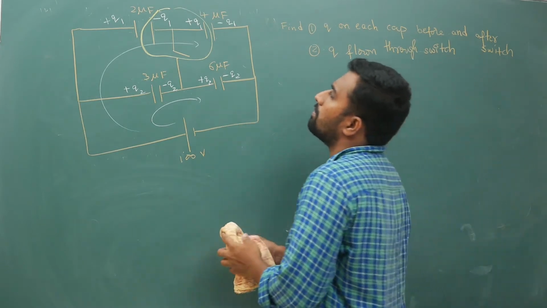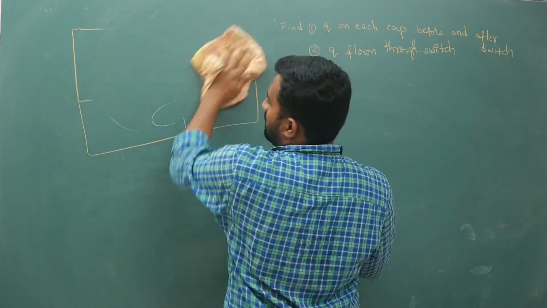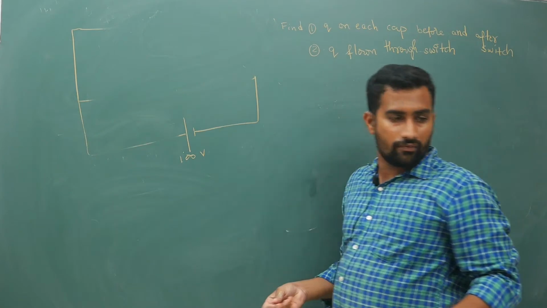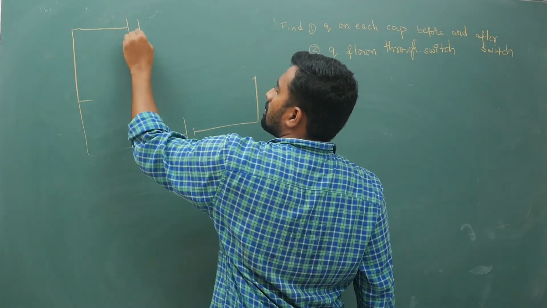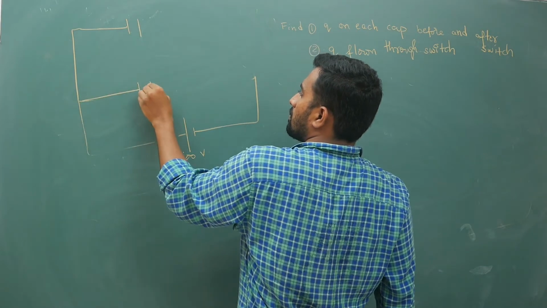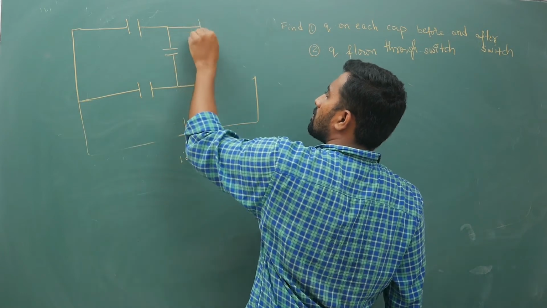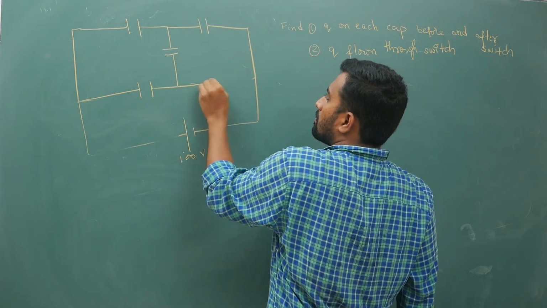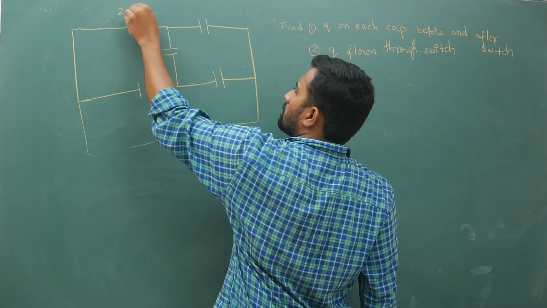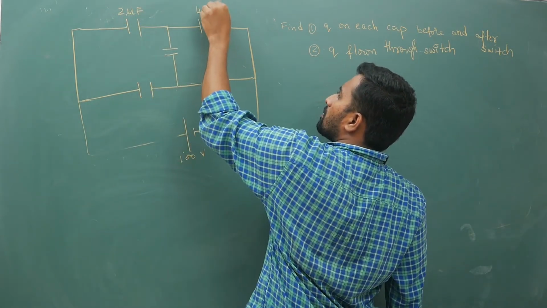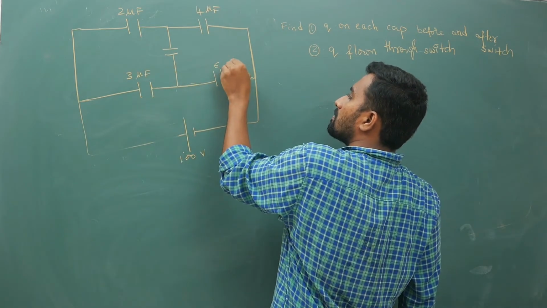Now 2, 4, 3, 6, those are my capacitors. I will close the switch. So it is 2, it is 4, it is 3, it is 6.